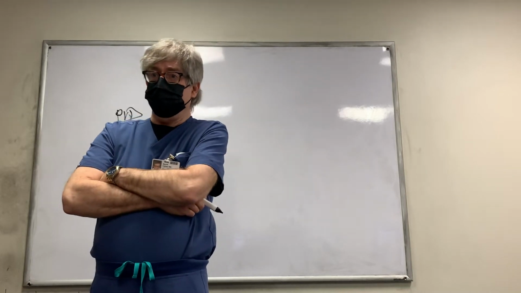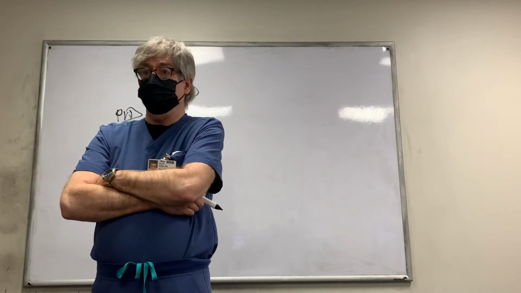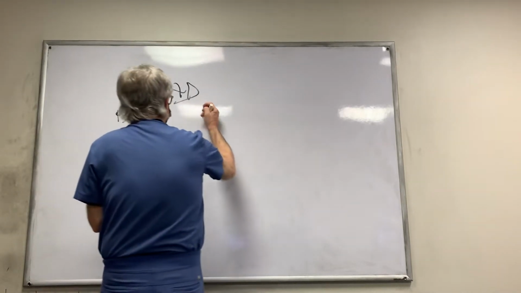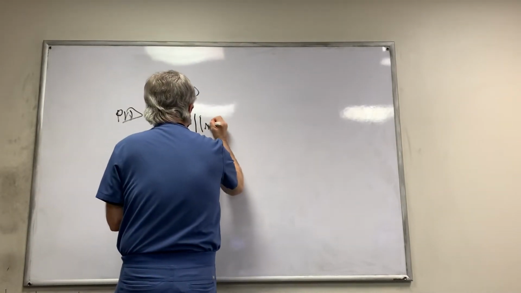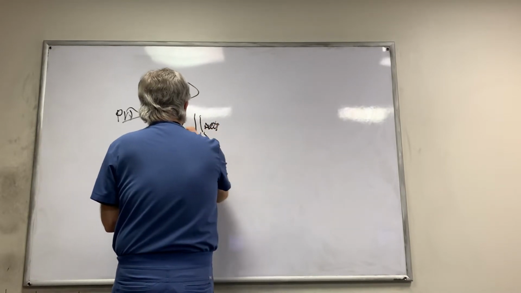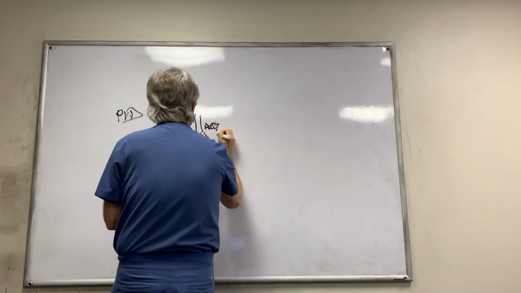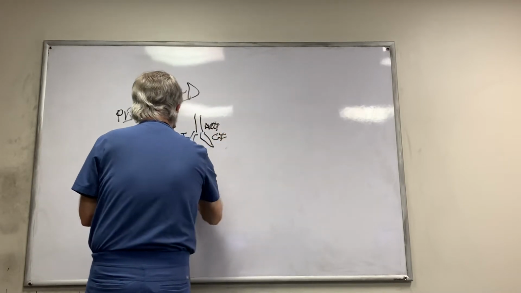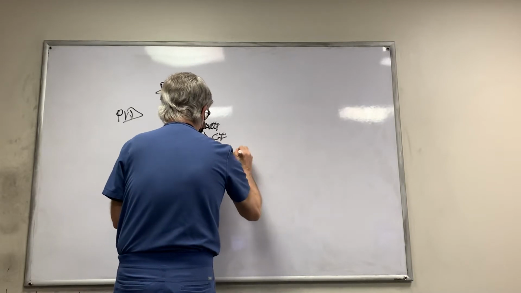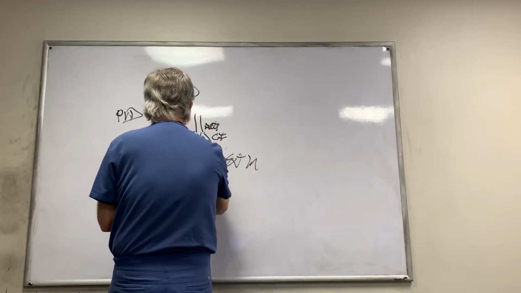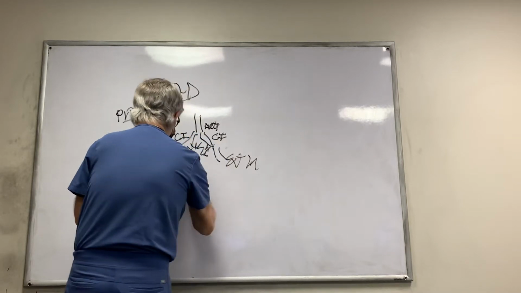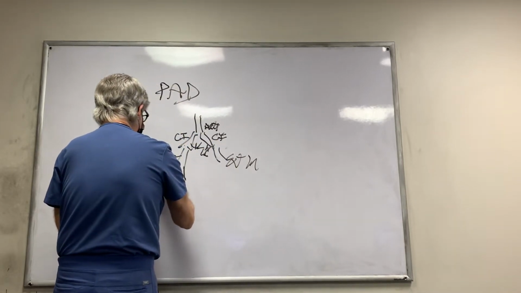Now, to understand this, you really need to understand the anatomy of the lower extremity circulation. Okay, so this is the aorta. This will bifurcate into the common iliac. Then the external iliac goes into the leg, and the internal iliac goes deeper inside. The external iliac artery becomes the common femoral artery.